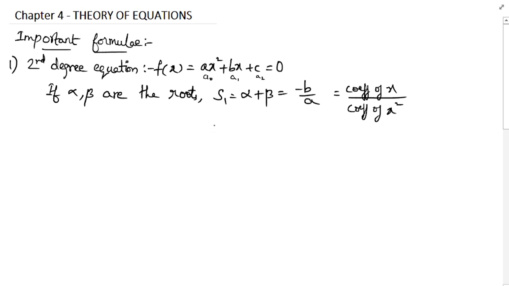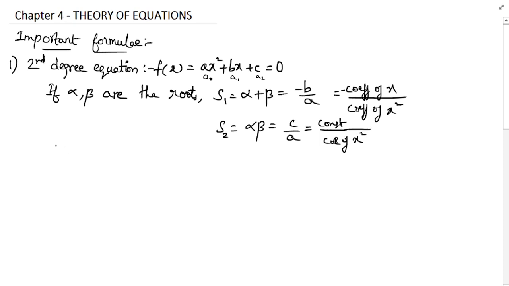Okay, and then S2, that is the product of the roots, alpha beta, can be written as c by a. Okay, c by a, that is the constant divided by the coefficient of x square again.